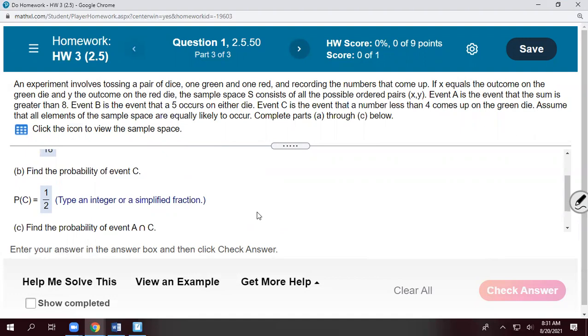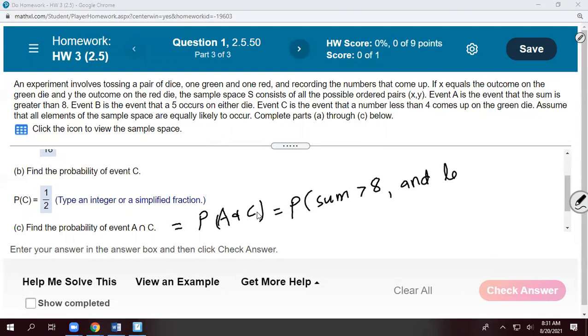So basically this is the probability of A and C. A was the event that the sum is greater than 8, and C was the event that the number is less than 4 on the green die.